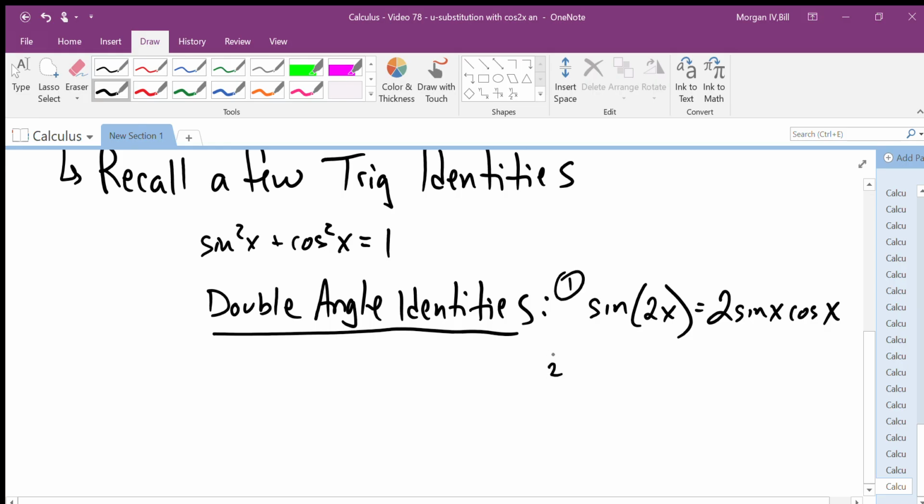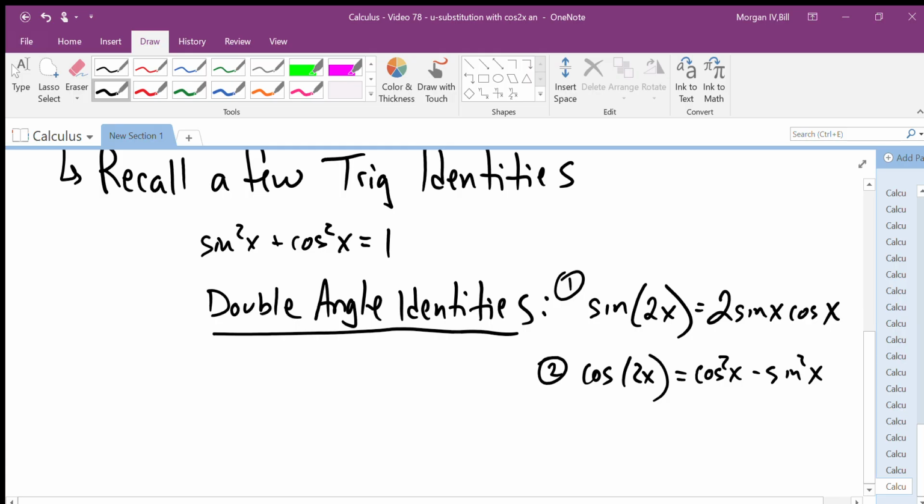We should know that the cosine of twice an angle actually has 3 identities. One of them is cosine squared of x minus sine squared of x. Be careful, not cosine squared of x plus sine squared of x. That would just be 1, always.